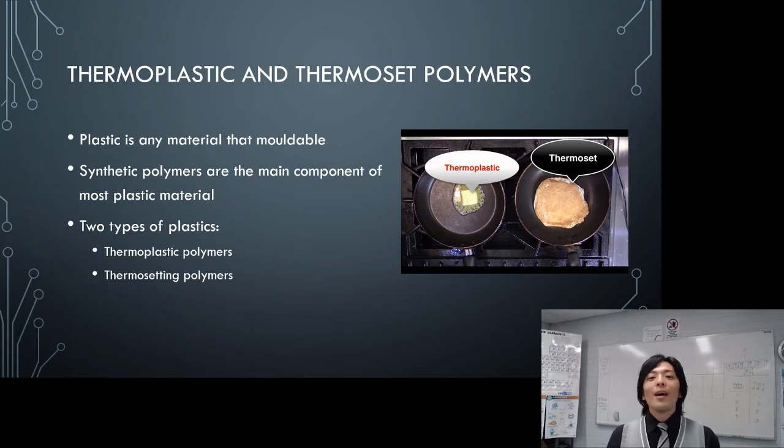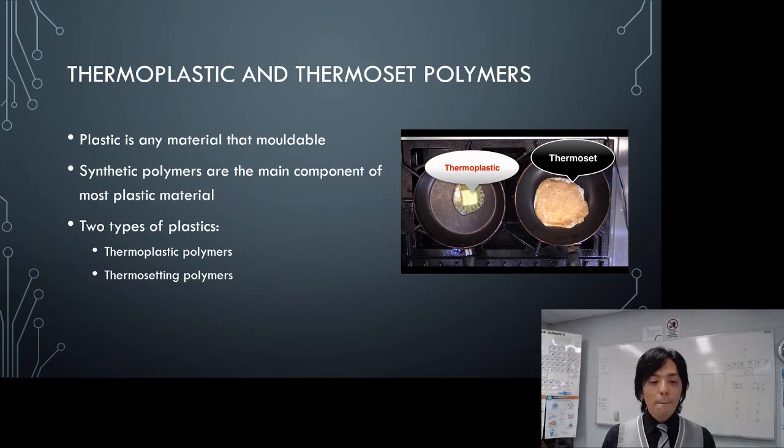Now, polymers mainly can come as thermoplastic polymer or thermoset polymer. Thermoplastic means it's moldable and you can make it into any shape really. And that's how 3D printers work. You heat up and make it into a bit moldable shape and put it together to make bigger stuff.